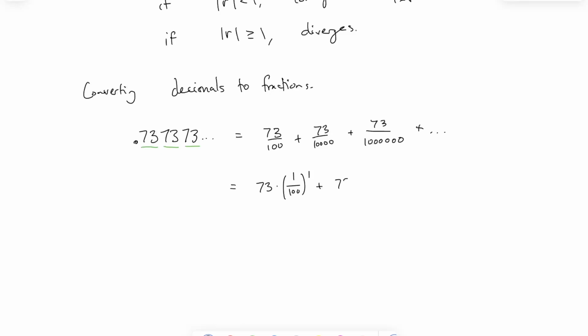The next one is 73 times 1 over 100 to the 2. 73 times 1 over 100 to the 3, etc., right? This is indeed a geometric series because it involves just a constant multiple times increasing powers of a single number. All right, so we should be able to add up the series.